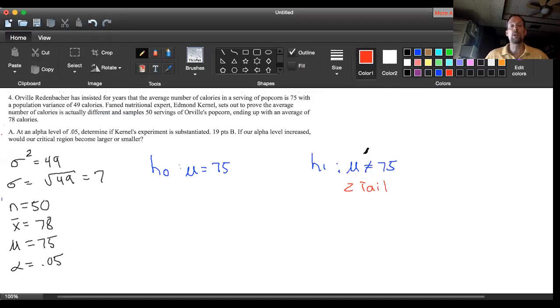And now we're going to set up for our critical values. And because we have a two-tailed test, this is the part where we're going to have to go ahead and split our alpha. So I'm going to say alpha divided by 2 is going to be 0.05 divided by 2. And let's do a sketch.